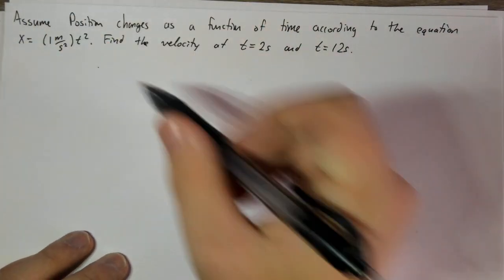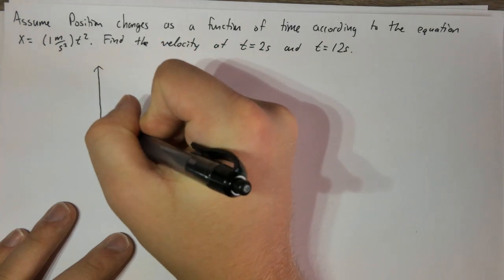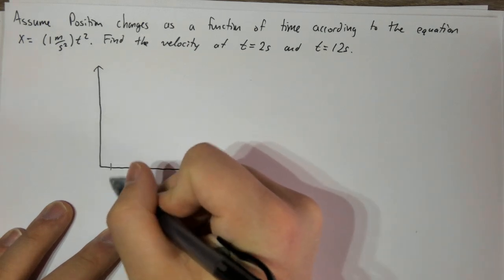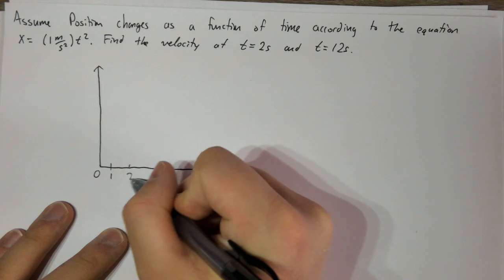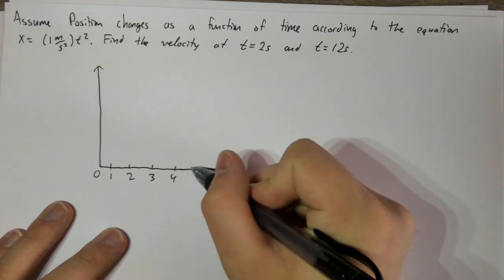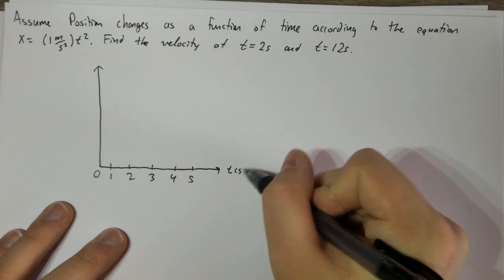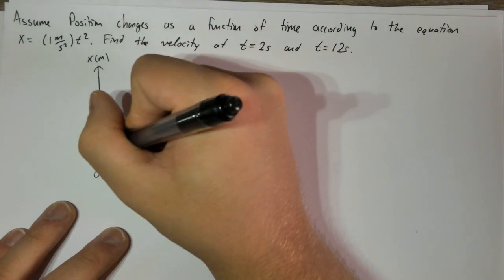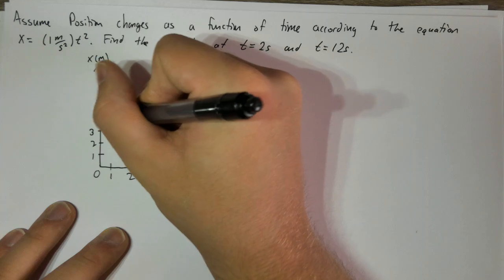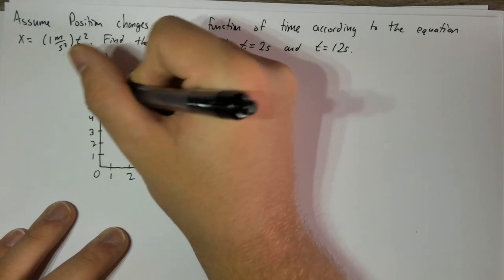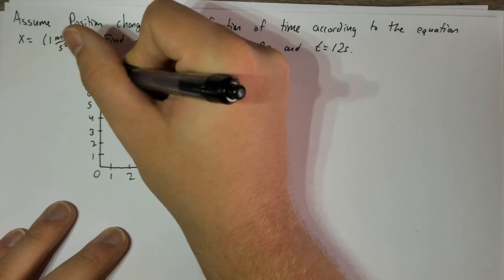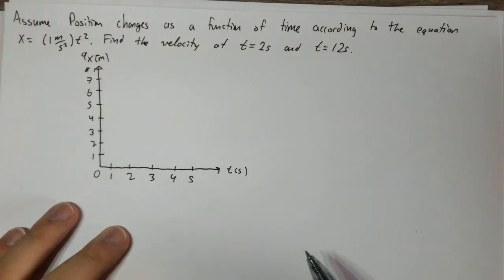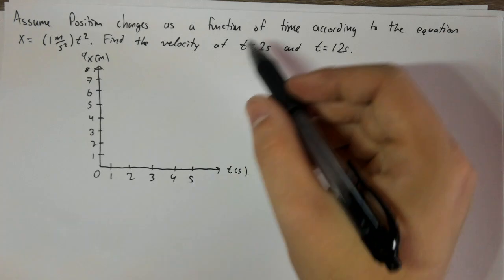So first, let's graph this so we know what we're looking at. So let's say this is 1, 2, 3, 4, 5. This is time. And this is distance. Then we'll have 1, 2, 3, 4, 5, 6, 7, 8. We'll squeeze 9 up there. It's a bit messy, but we got 9 up here.